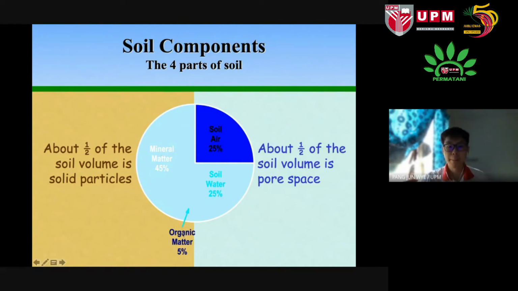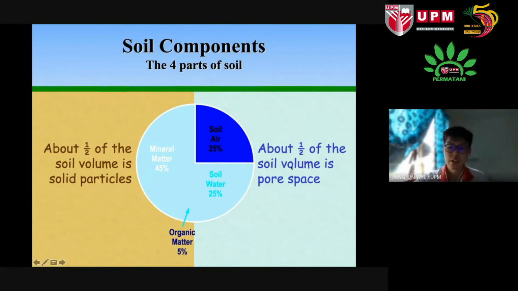And then soil also consists of air, which is 25%, because as I said earlier, soil is exposed to the environment, an exposure area that has a lot of air. It is known that about half of the soil volume is pore space.